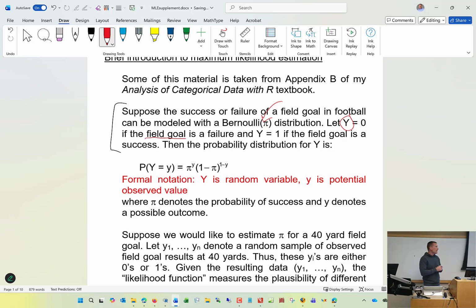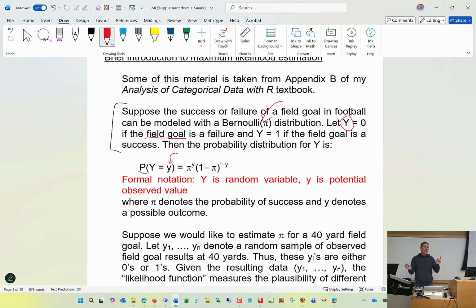And so then we can use some formal notation to define this Bernoulli probability distribution. We use a capital P in statistics to always represent the probability of something. So the probability that Y is either 0 or 1 is what's shown here. Notice I use a lowercase y. This is what you typically see in a mathematical statistics course and some applied courses, where the lowercase version of an uppercase letter means an actual observed value.